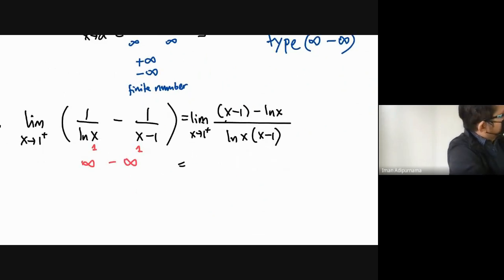So if you have the infinite minus infinite situation, one way to solve it is to rewrite the form. In this case, we are just going to use the common denominator and then rewrite that form and see if the form has something like, for example, becoming 0 over 0, then we can use L'Hopital's rule.